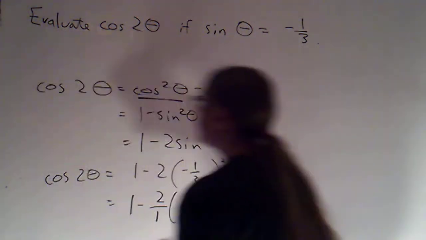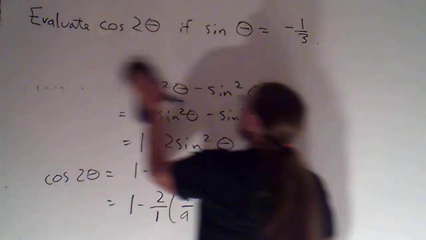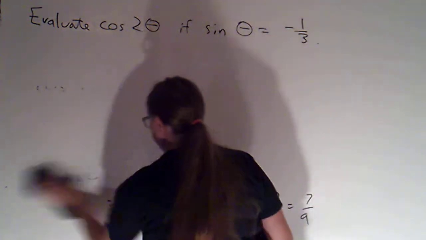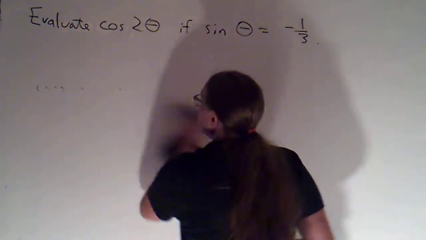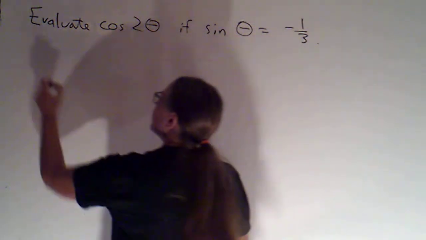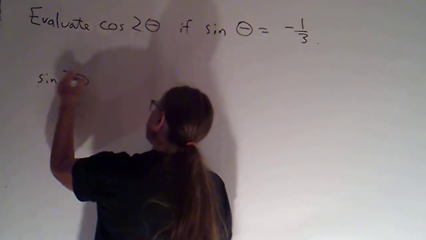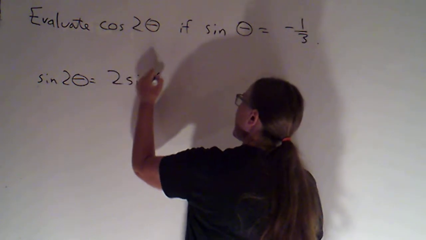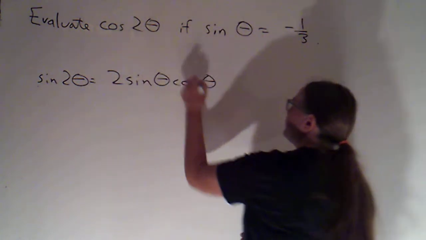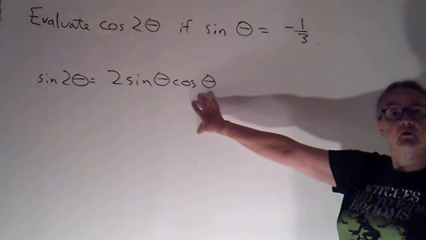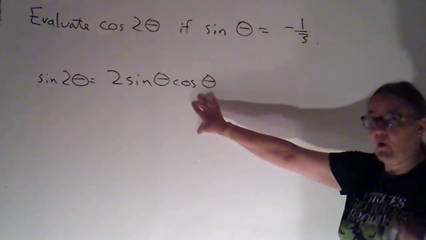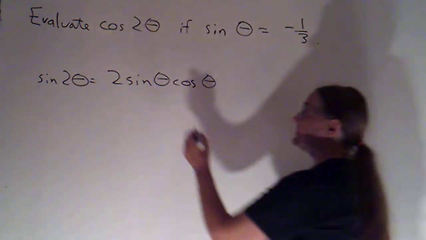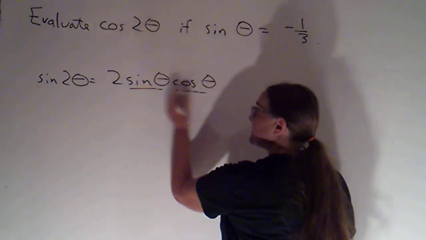Kind of neat. Now, if I wanted to evaluate sine of 2 theta, we only have one version of the double angle formula there, and it's 2 copies of sine theta cosine theta. So in order to be able to evaluate sine of twice an angle, I need to be able to know both the sine and the cosine.